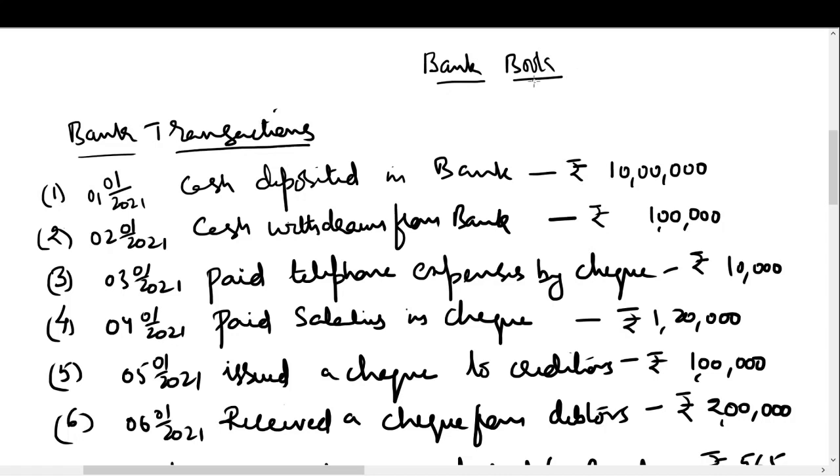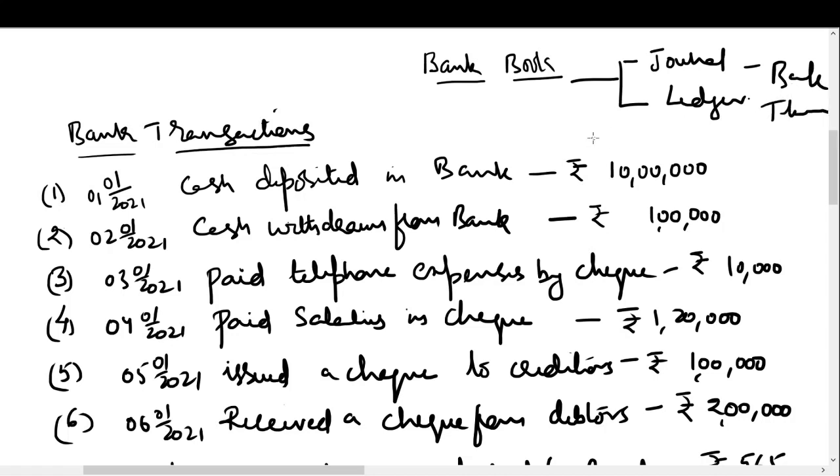Bank book plays, we can say, a double role, that is of both a journal and a ledger. That means when you maintain a bank book, you are not only recording the journal entries relating to bank transactions, but you are also preparing the ledger account relating to the bank transactions.